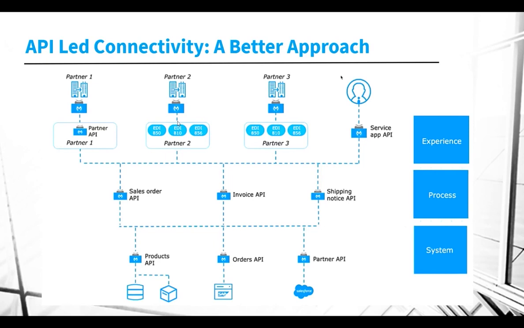So instead of building specific integration for each partner, what we normally do, through an application network, is expose our systems using system APIs, and then on top of that, we build process APIs.